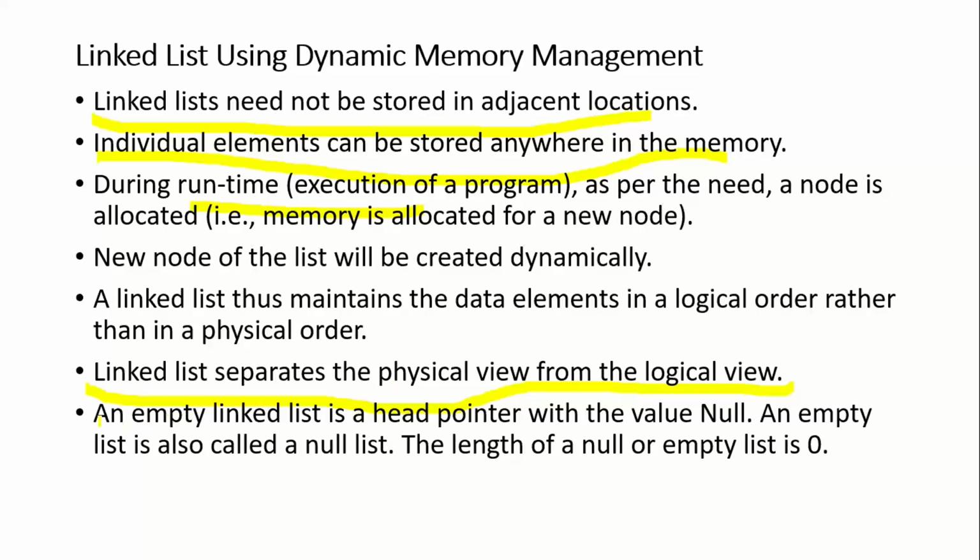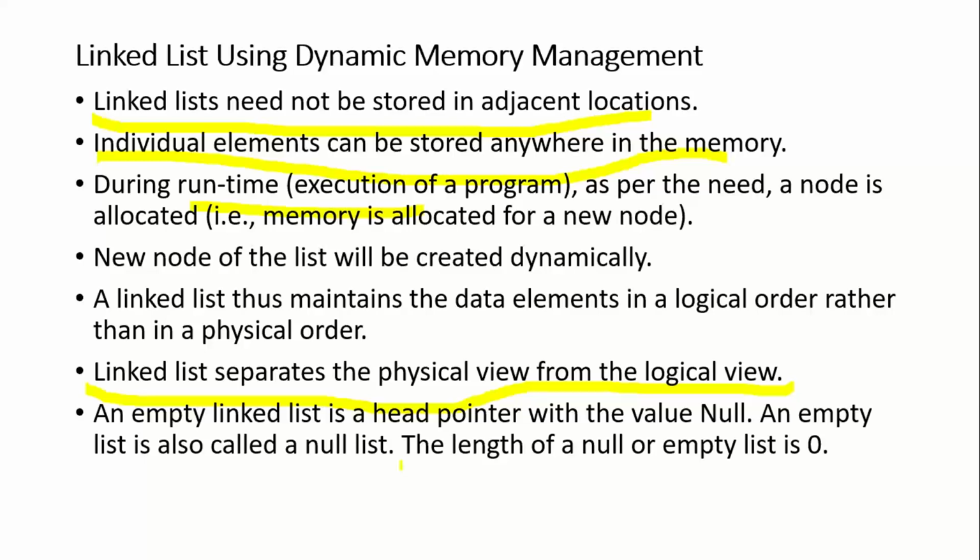Next, an empty linked list is a head pointer with the value null. Already we have seen that a linked list will have nodes. To point to the first node of the linked list, we have a pointer called the head pointer. That is the pointer which points to the first node of your linked list.